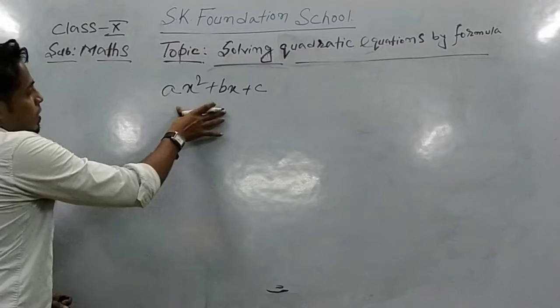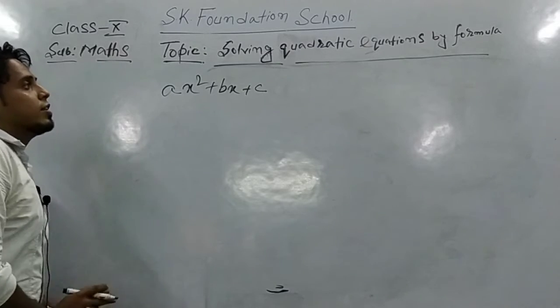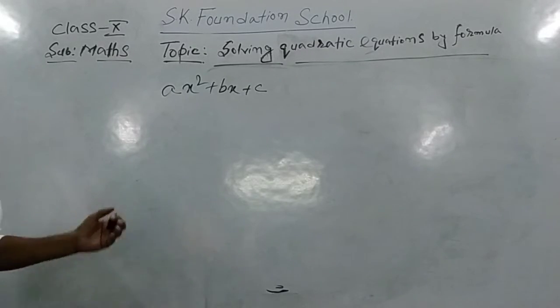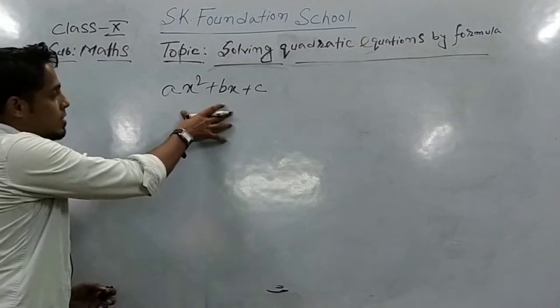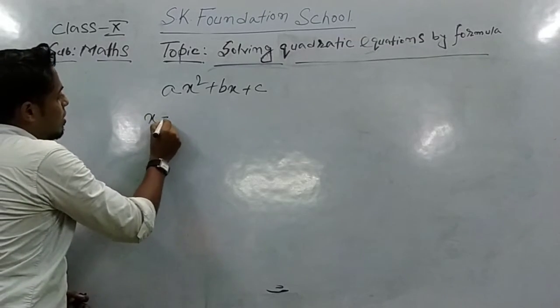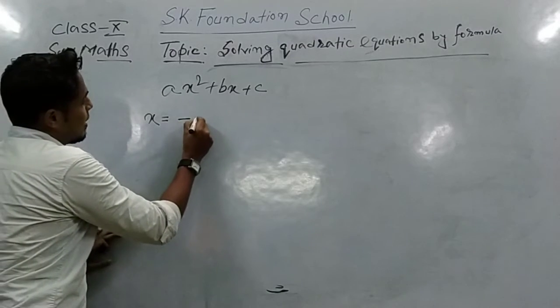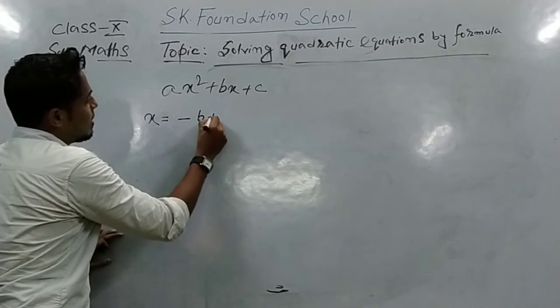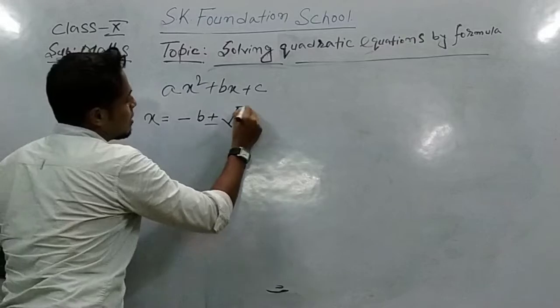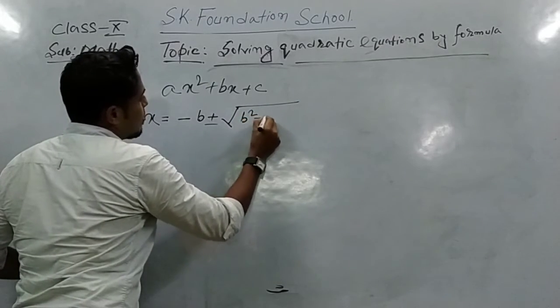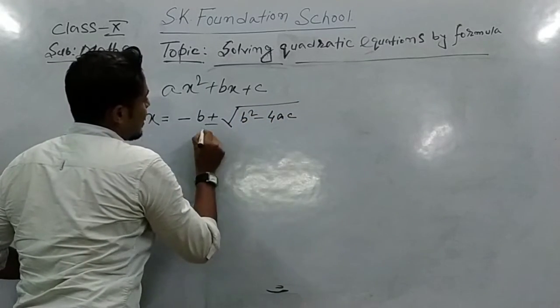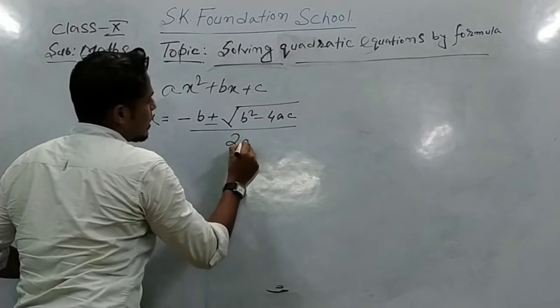In a quadratic equation, when we want to find the value of x from this expression, there is a formula. The formula is x equals minus b plus minus root over b square minus 4ac, by 2a.